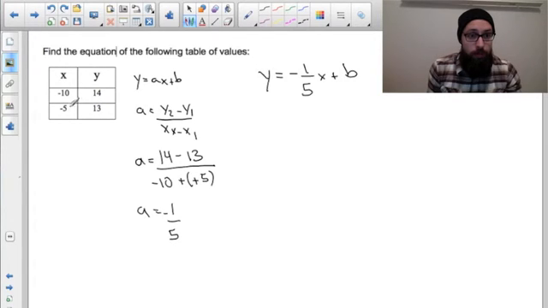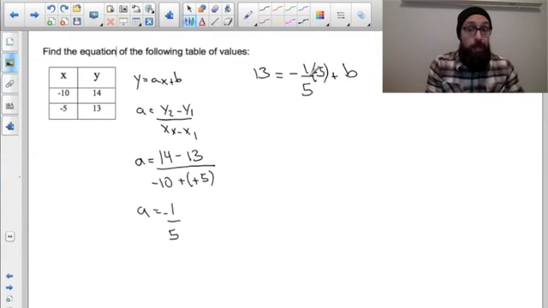We have our y, we have our x, so I'll pick 13 and -5. Get rid of our y, write in 13. We have our negative 5, so -1 over 5 times negative 5. And then we solve. I'm going to get my calculator real quick.